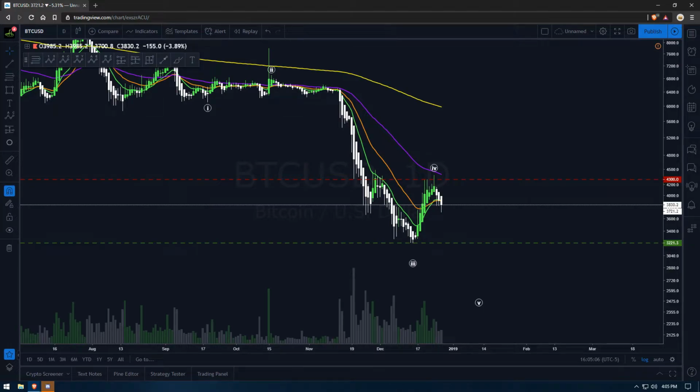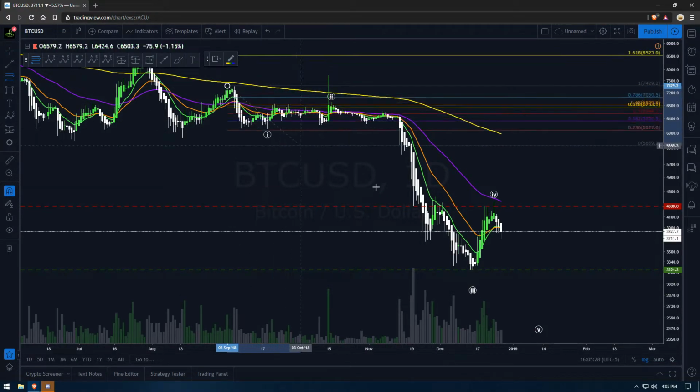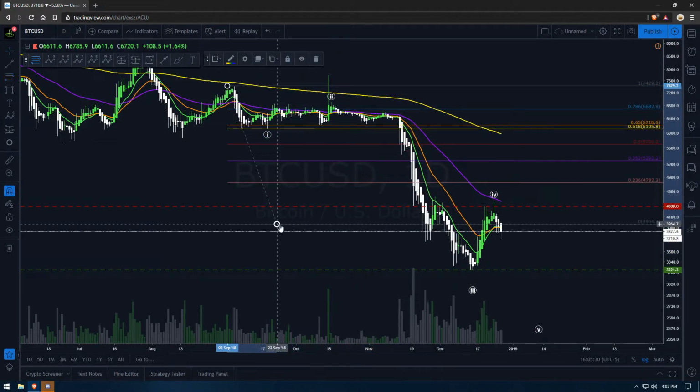So basically, I'm going to end up measuring the length of wave 1, and then that should be like 2.618 or whatever the length of wave 5. And I'm not sure if I can do this with the retracement tool. I don't think that's going to work.